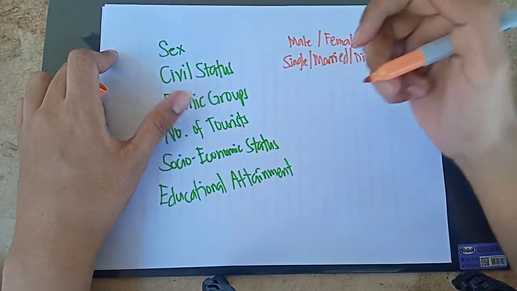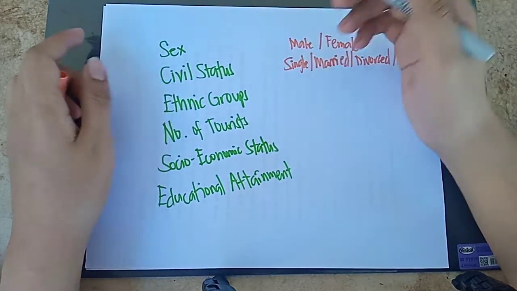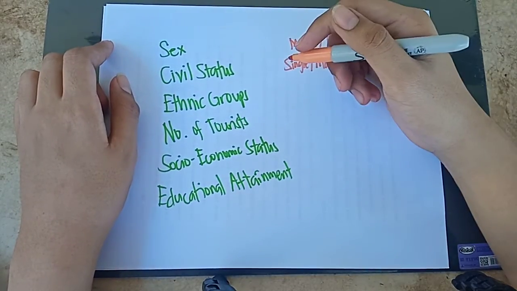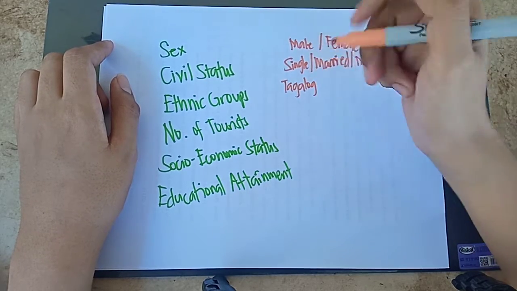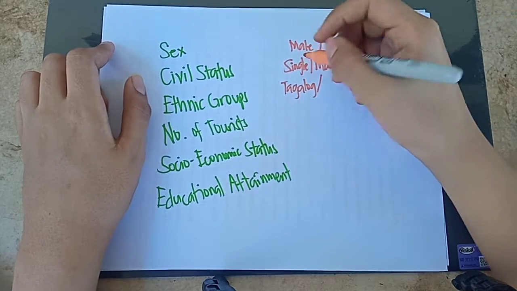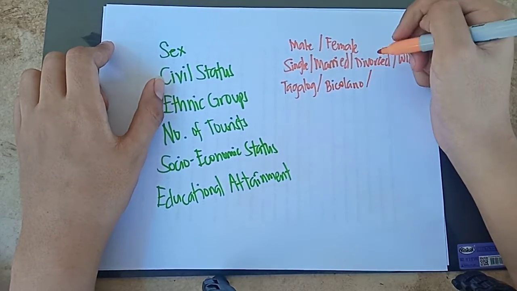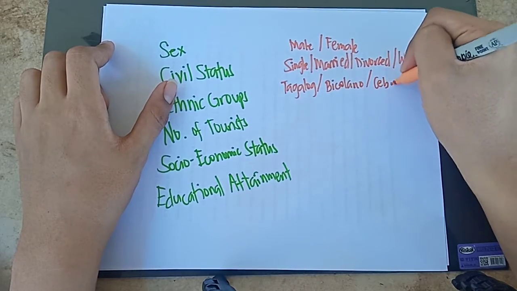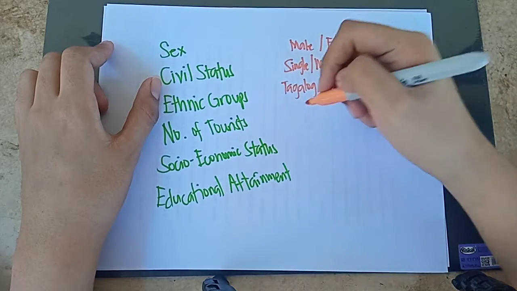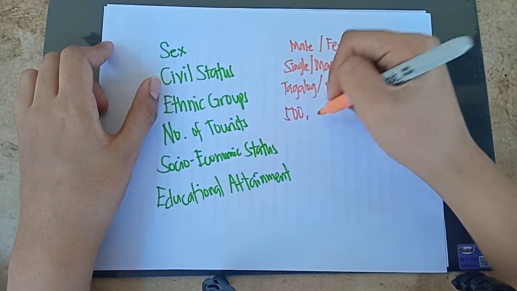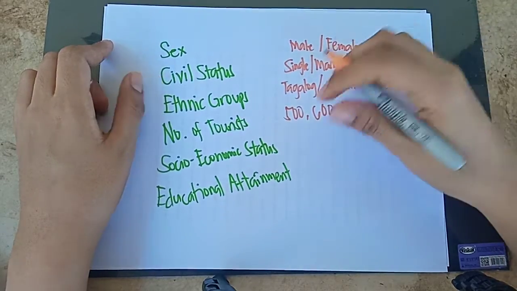In terms of ethnic groups, we have many, but let us try to list down some enumerations. Let's have Tagalog, which actually came from Taga-ilog, Bicolano, then we have Cebuano, etc. Number of tourists, let's say it can range from 500, 600, 700, and so on.